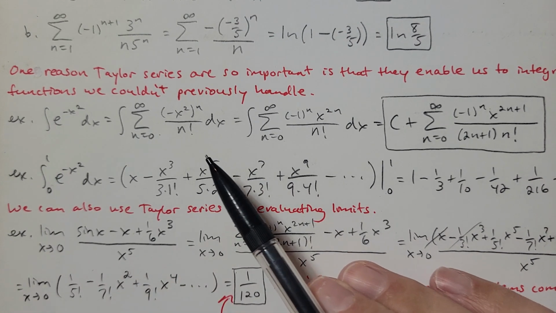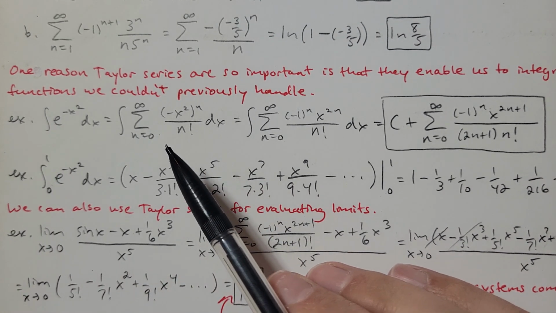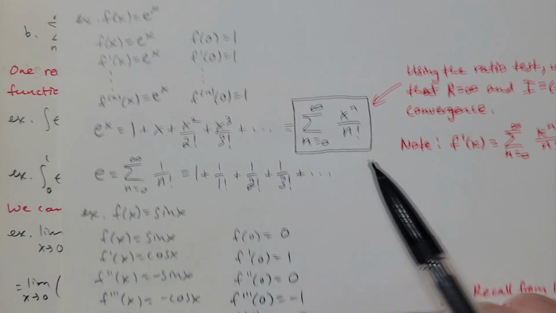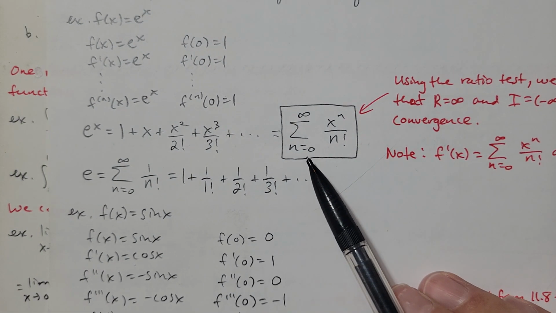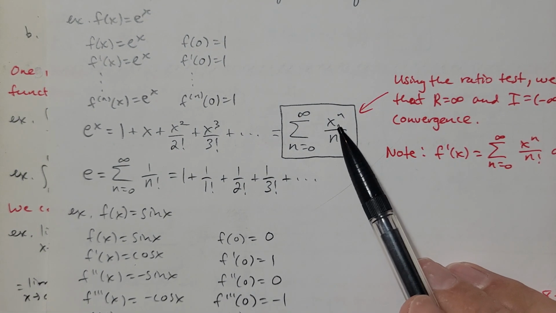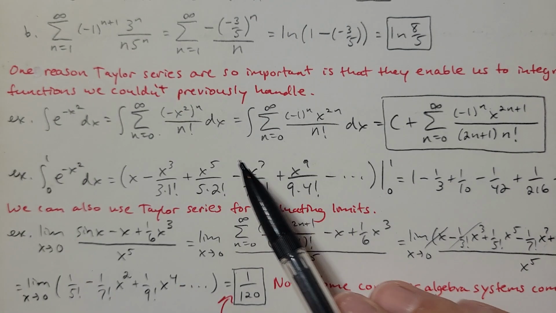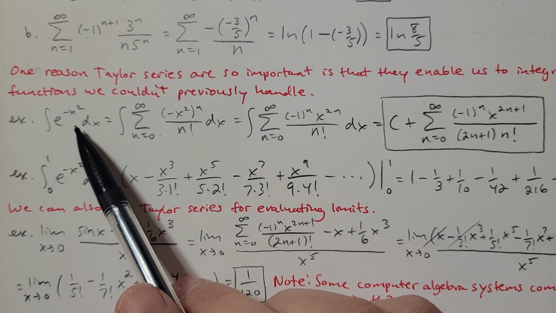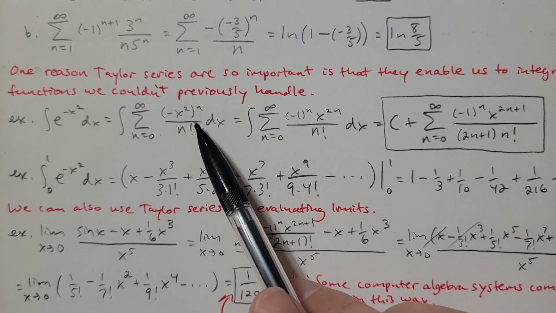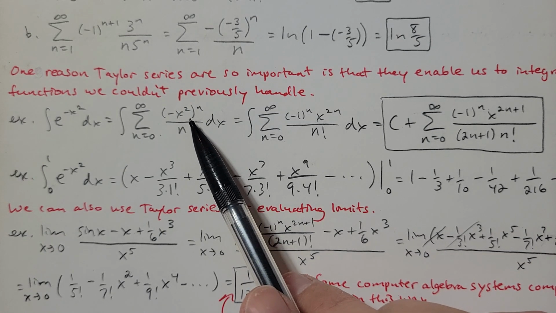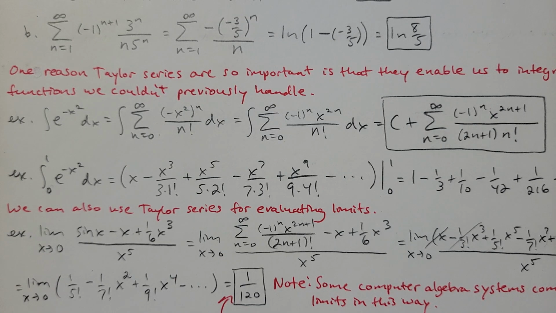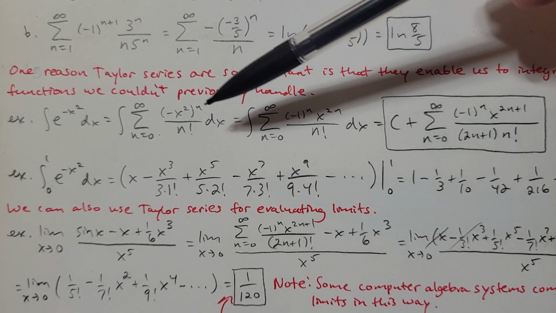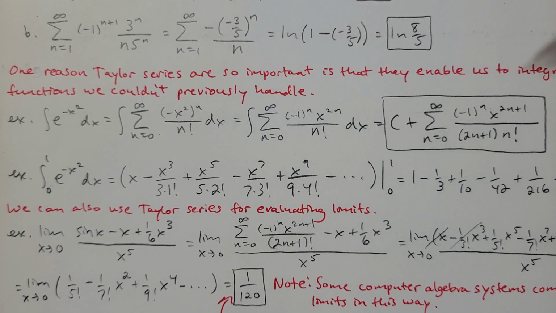Okay, so e to the x, that is the summation as n equals 0 to infinity of x to the n divided by n factorial. Now I don't have e to the x, right? I got e to the negative x squared. So where I see the x, I'm going to replace that with negative x squared. And I'll be integrating the summation as n equals 0 to infinity of negative x squared to the n divided by n factorial times dx.